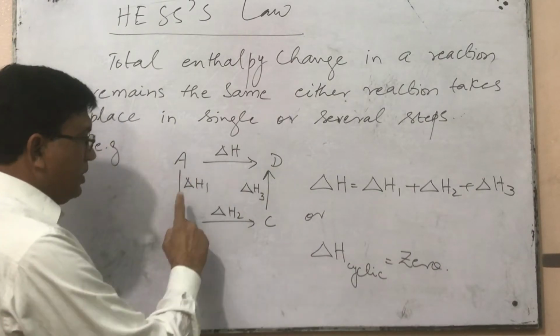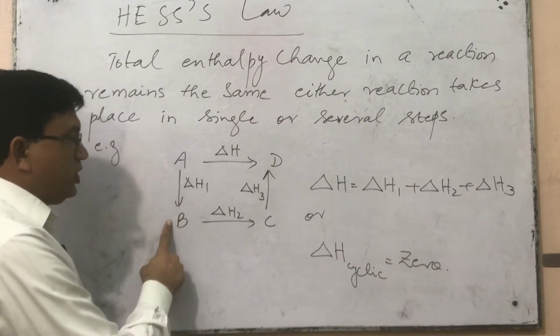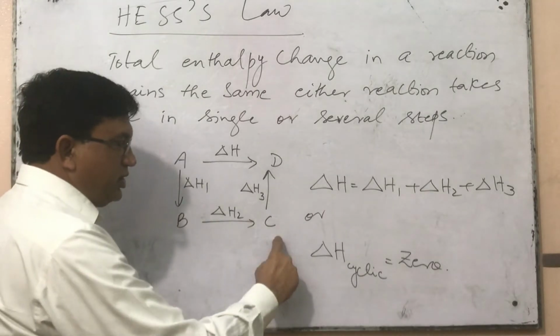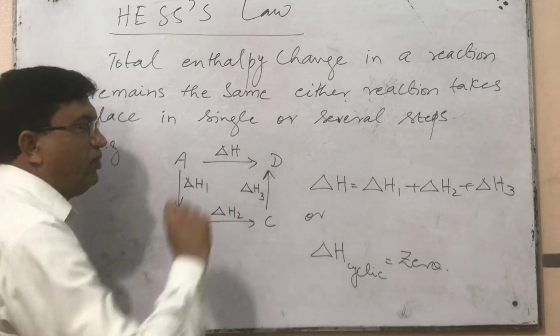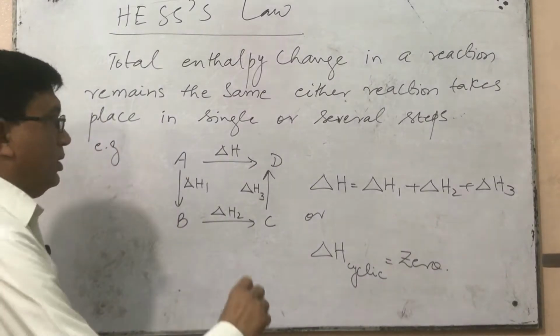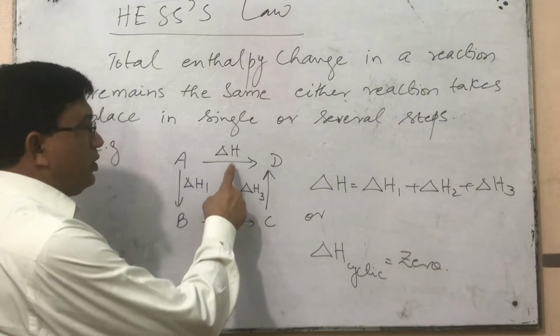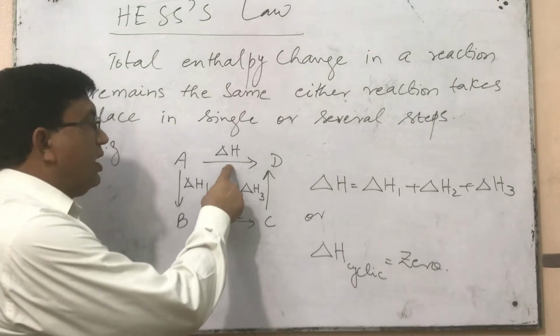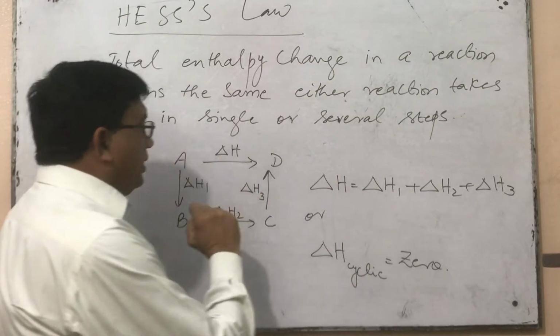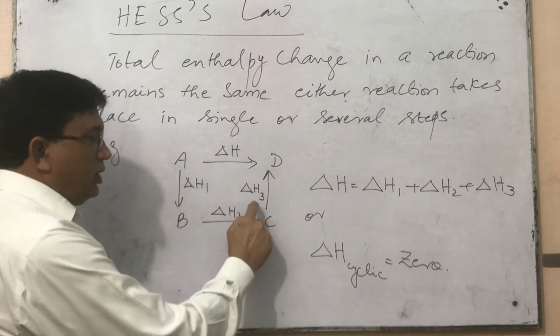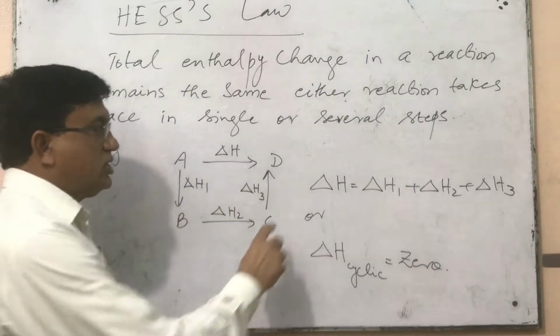Now, it might be A first changes into B, and then B changes into C, and then finally C changes into the final product. Now, according to Hess's law, the total enthalpy change during a direct route will be equal to the sum of the enthalpy changes during all these small steps.